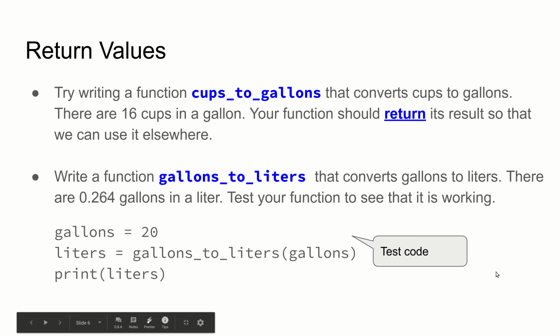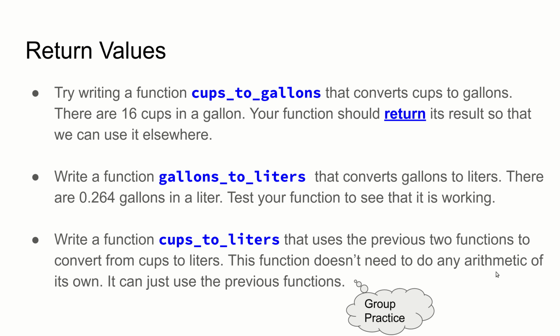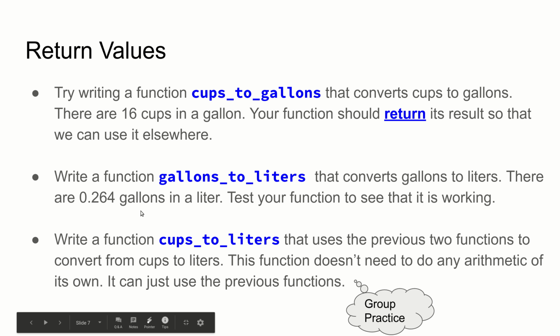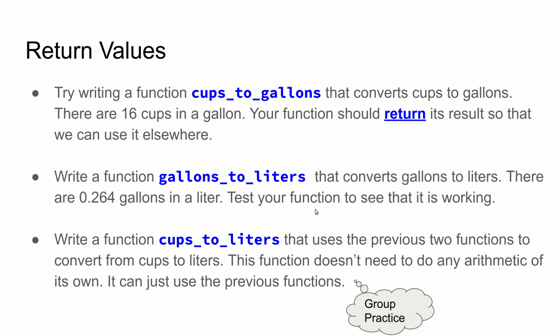So why are we talking about these two functions? Because since they return results, we can build on those results. And so if we were asked to convert from cups to liters, rather than having to look up what the conversion is between cups to liters and write a new function that does that math, we actually could take in the number of cups in our cups to liters.